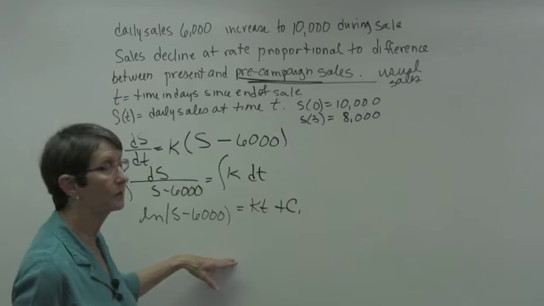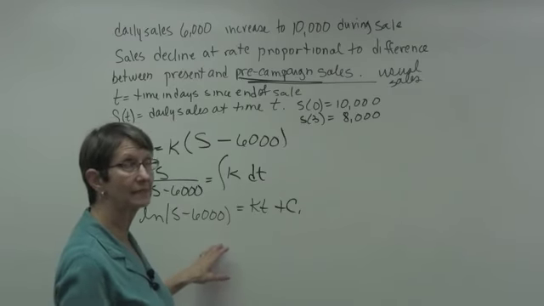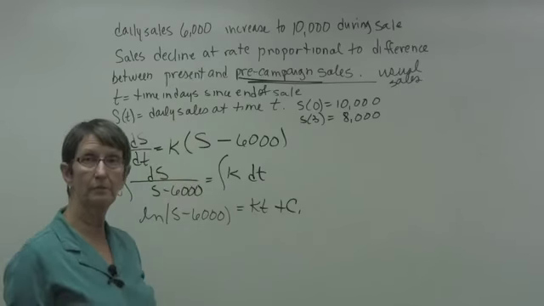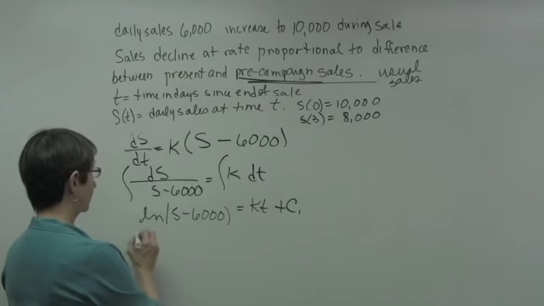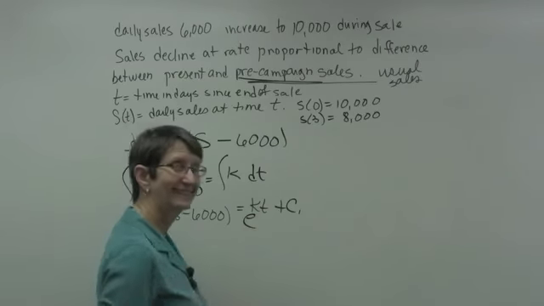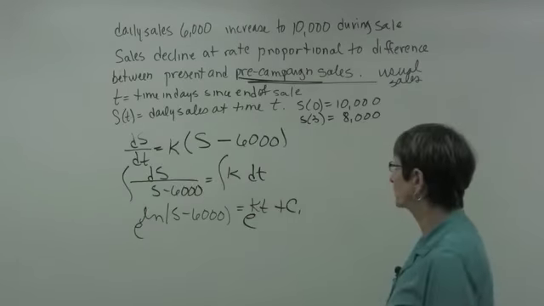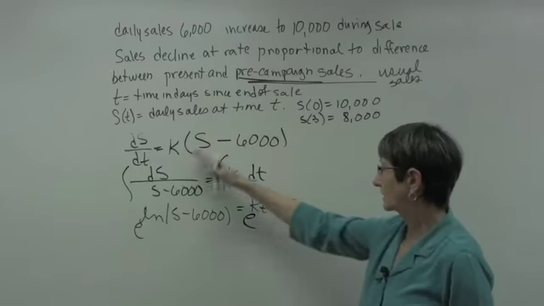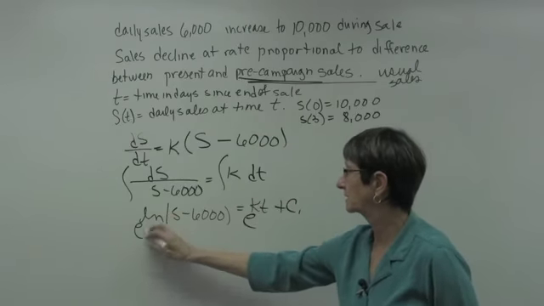Well, we've seen this before. This is fairly common as far as growth or decline. So I do the e bit, and I end up with my differential equation solution.